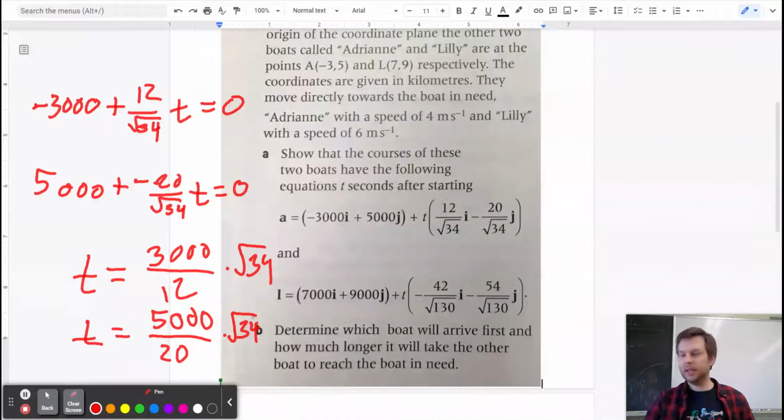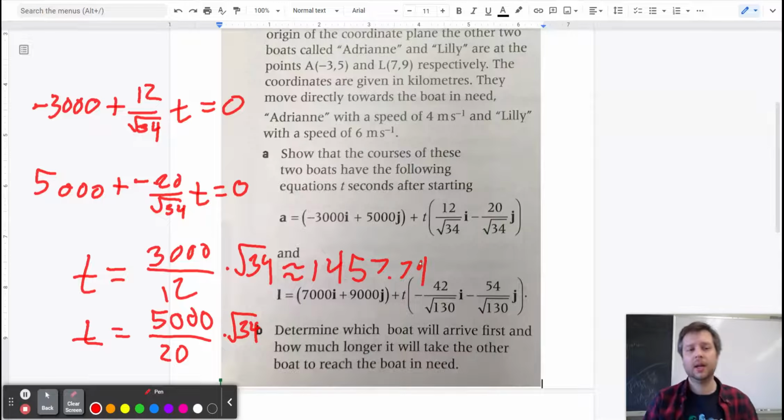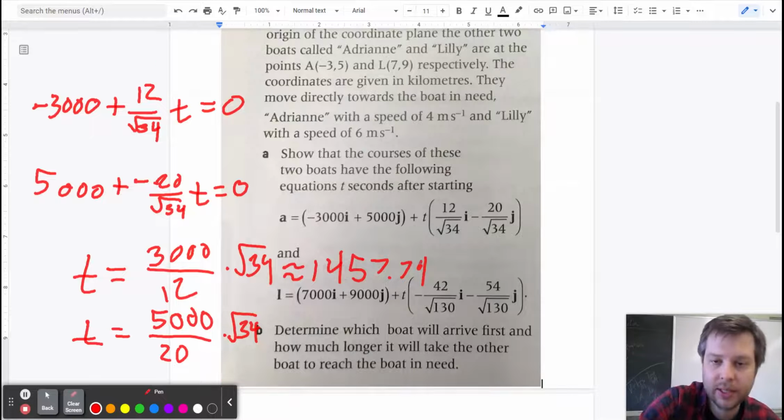Does it come out to be anything nice? 3,000 divided by 12 is 250, and multiply that by the square root of 34, and we get approximately 1457.74.